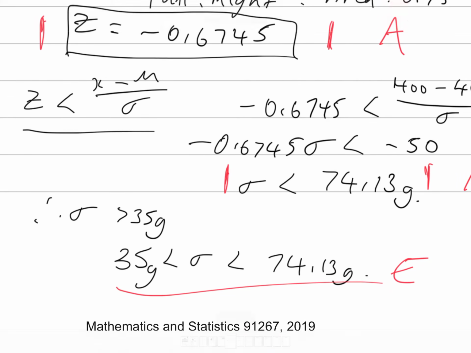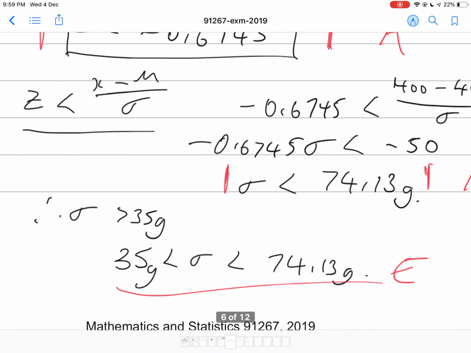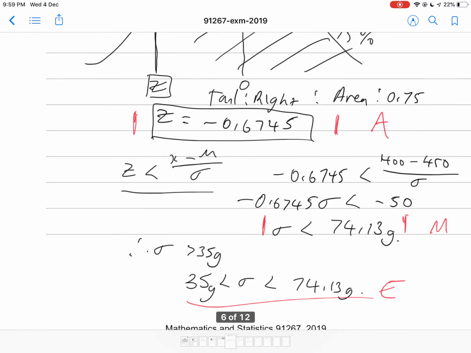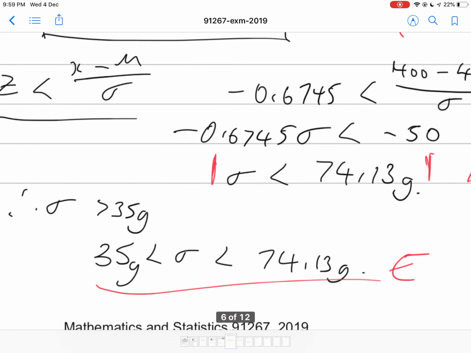Yeah, so I agree. It is a bit of a hassle putting that standard deviation is greater than 35. It is very easy to miss, and it's a bit nasty, but unfortunately that's how maths is sometimes. And that's how NCEA is sometimes, so can't do anything about it, unfortunately. Because a lot of people missed this.